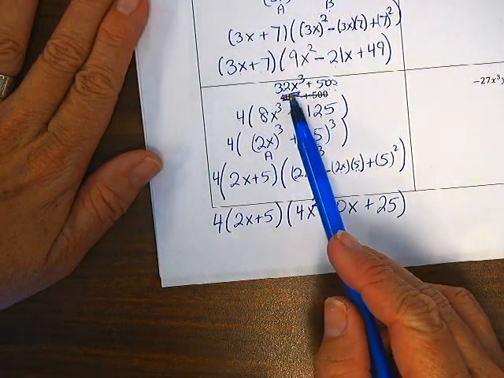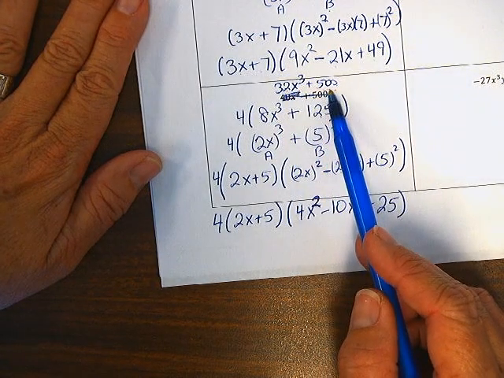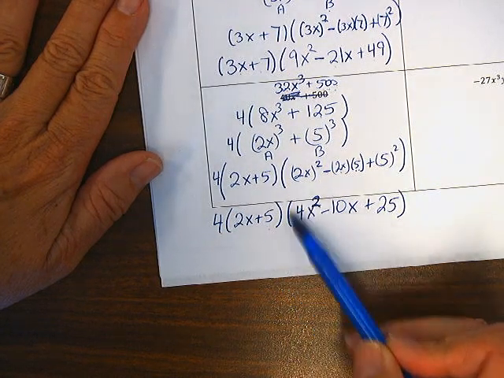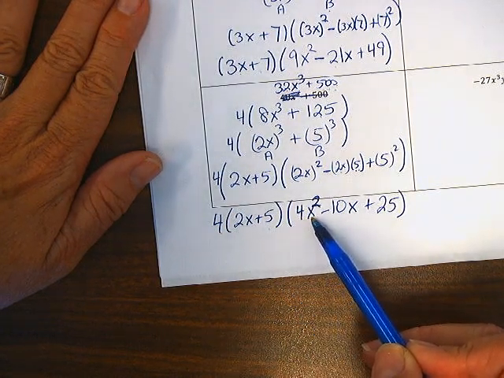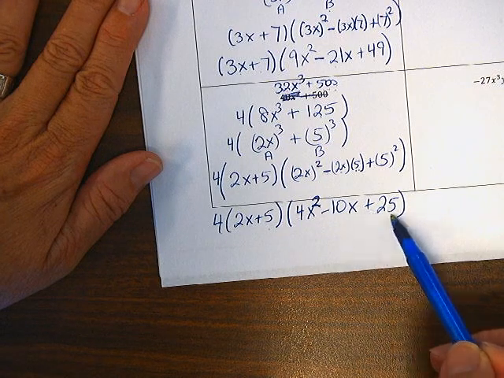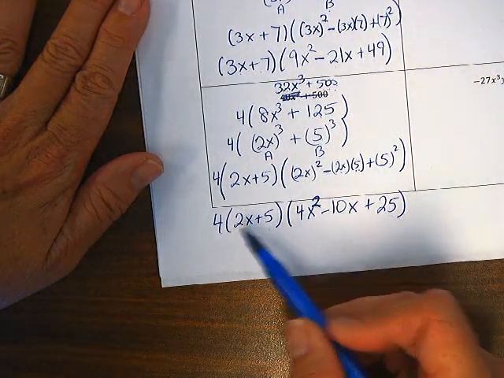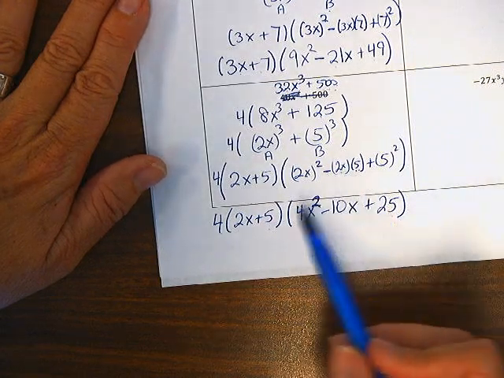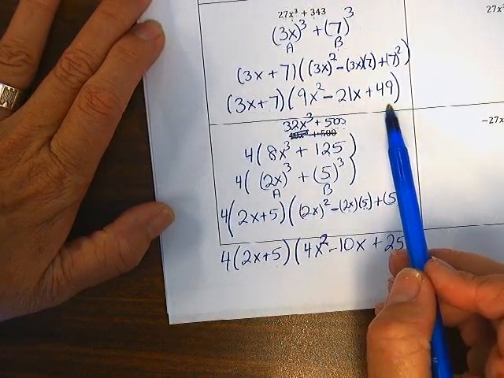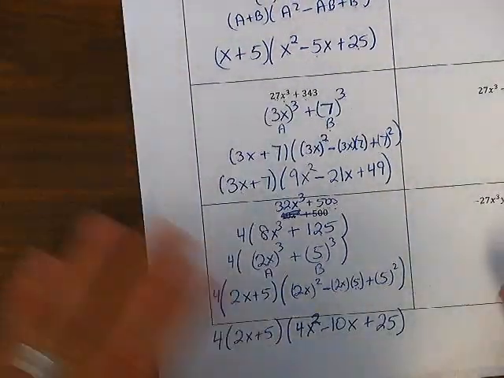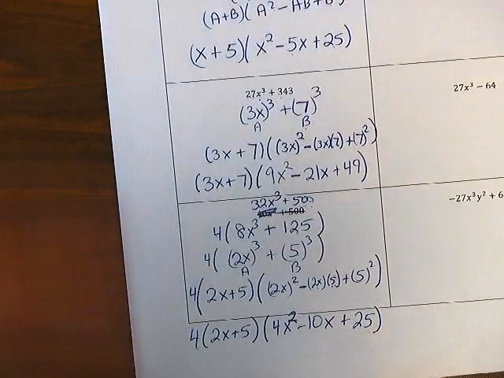So my factors of 32x cubed plus 500 are 4 times 2x plus 5 times 4x squared minus 10x plus 25. And the way to make sure that this works correctly is go ahead and multiply these back together, and you will get back to your original expression.